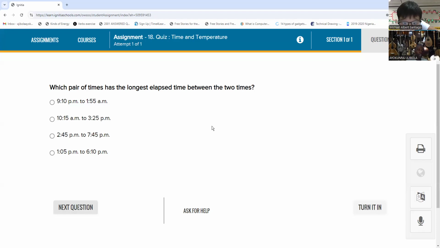So 3:45, 4:45, 5:45, 6:45, and 7:45. That's 5 hours exactly. Then 1:05 p.m. to 6:10 p.m. So 2:05, 3:05, 4:05, 5:05, and 6:05. That's 5 hours, 5 minutes. Okay. So the one that is the second one, which is 5 hours, 10 minutes.